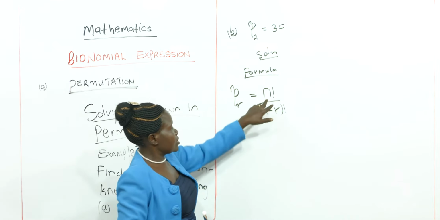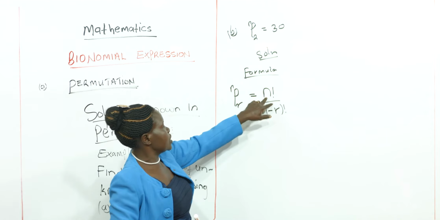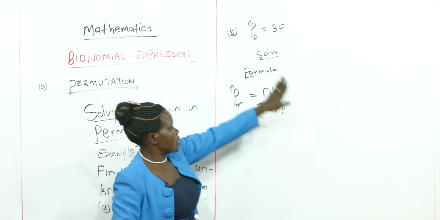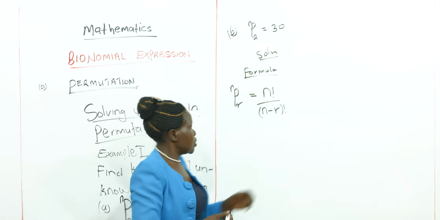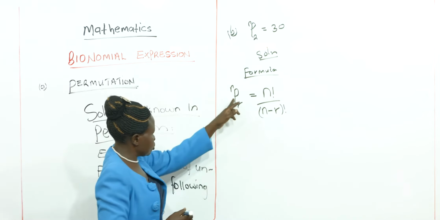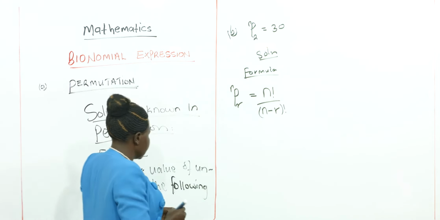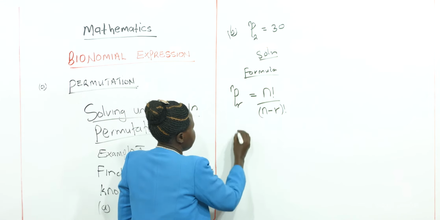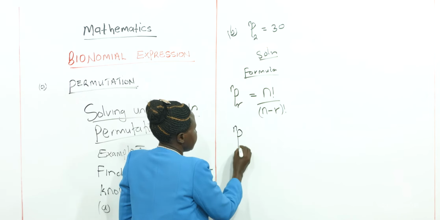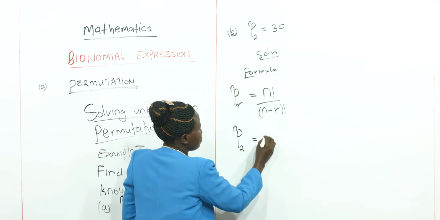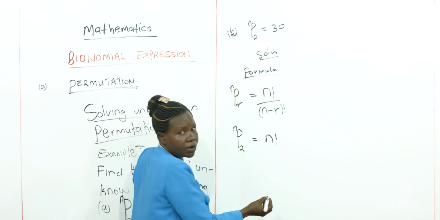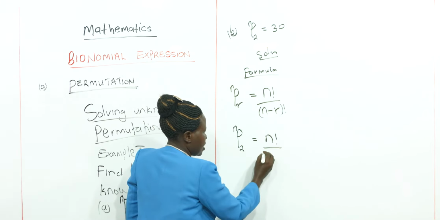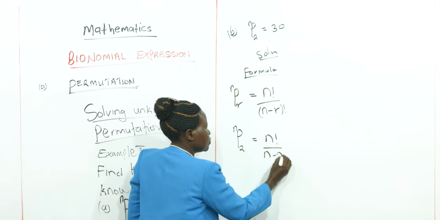So when we substitute this, we find that it is the same as P raised to n base 2, which equals n factorial over n minus 2 factorial.